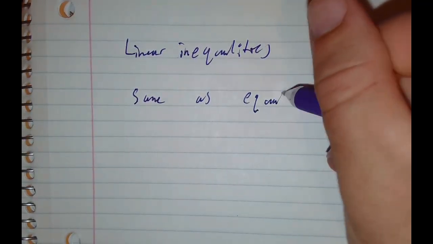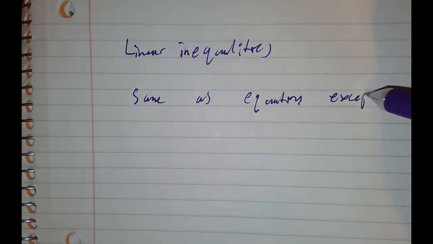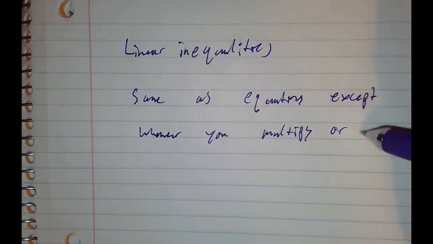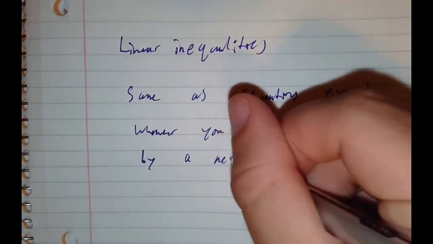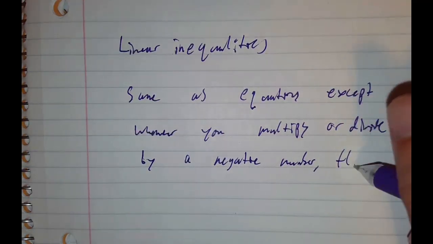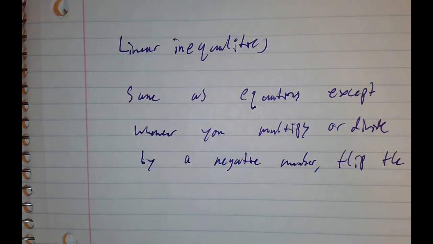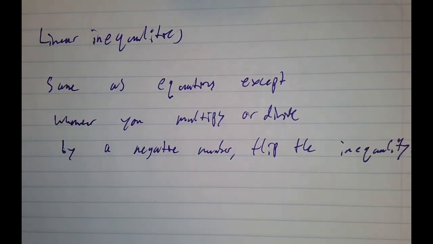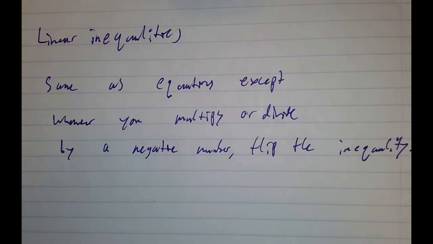You solve them the same way, except whenever you multiply or divide by a negative number, flip the inequality. Okay, flip the inequality. Same as equalities, except whenever you multiply or divide by a negative number, flip the inequality.